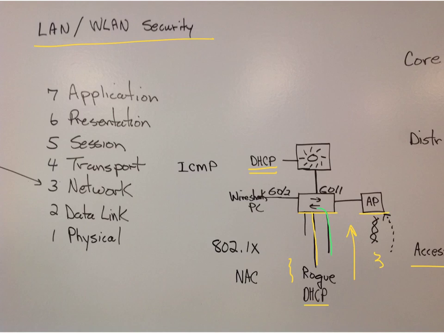Somebody could go here and get their default gateway and their other DHCP material. Then when they actually want to go out and get some data, they would go here, and then we would go out to, let's say, the internet. And so then this rogue device could collect all that.